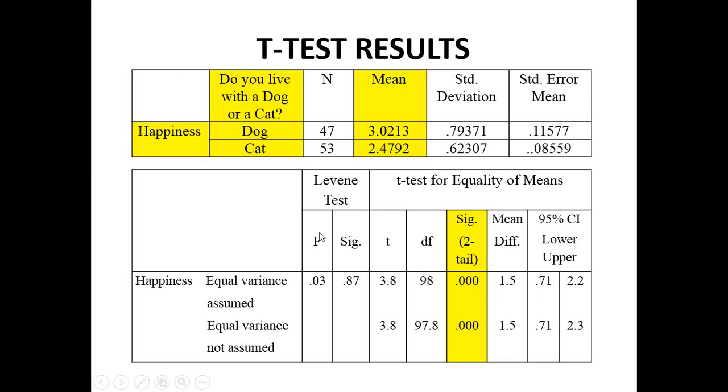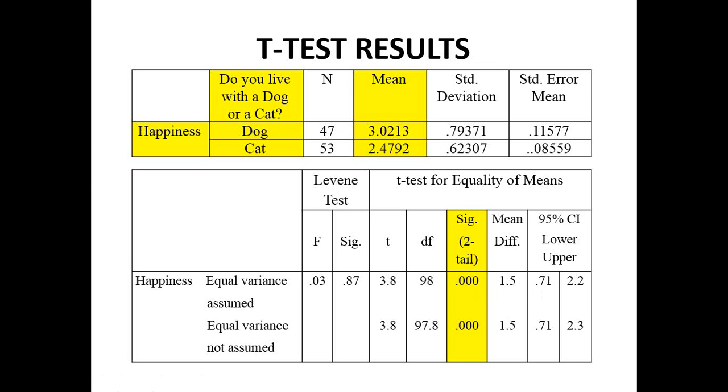Now one thing you've got to keep in mind is where it says Levene's test here, that's telling us if there's equal variance among the two groups. So it gives you an F, and then it gives you a sig. The important thing to know is if the sig for the Levene's test is significant, 0.05 or lower, you would actually use the lower set of numbers.